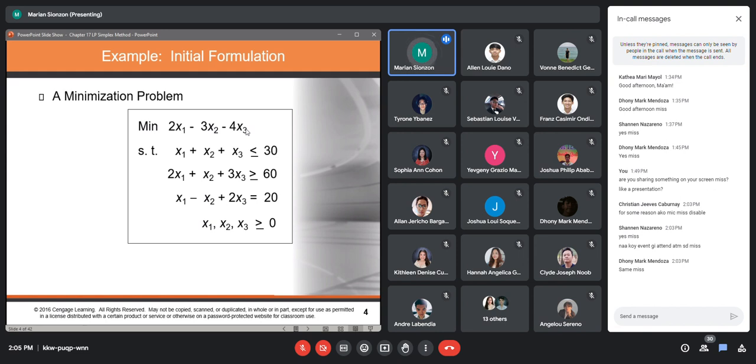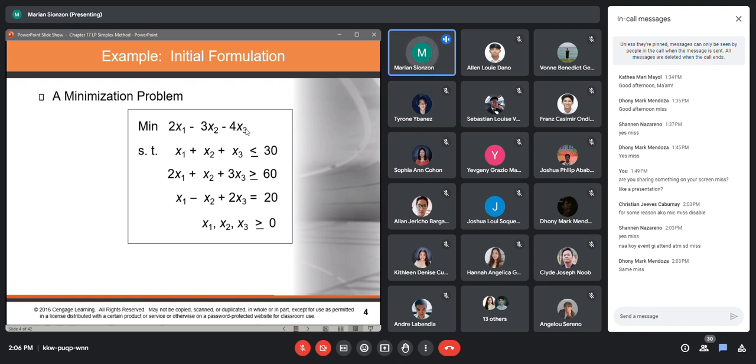Okay. Now, in the first, we have plus S sub 1. So S sub 1 will be positive. So no problem for the less than. But for the greater than, it's minus S sub 2. So minus S sub 2 cannot be an initial entering variable. So what you are going to do is to add an artificial variable.